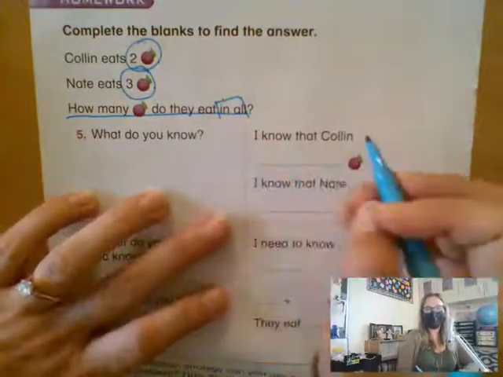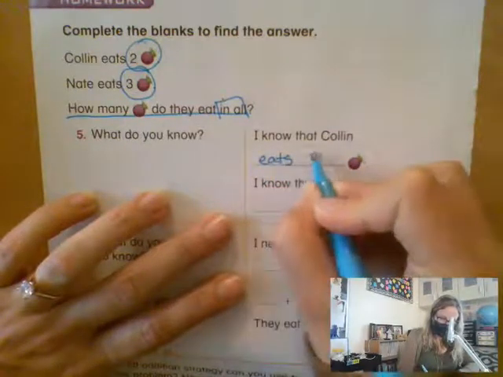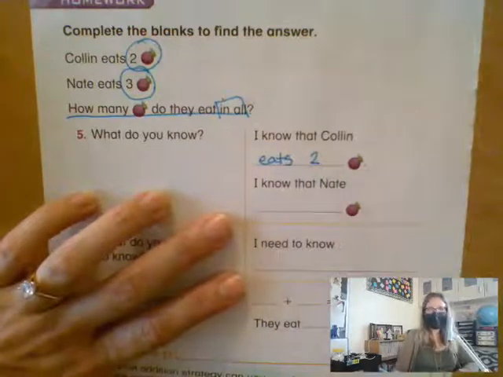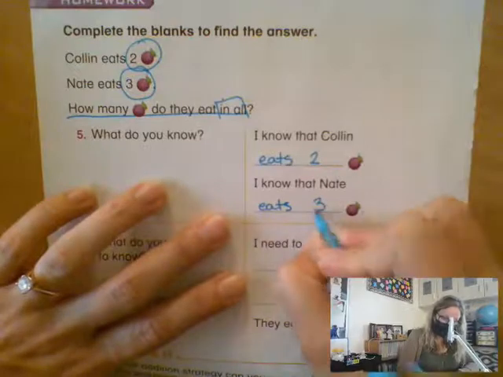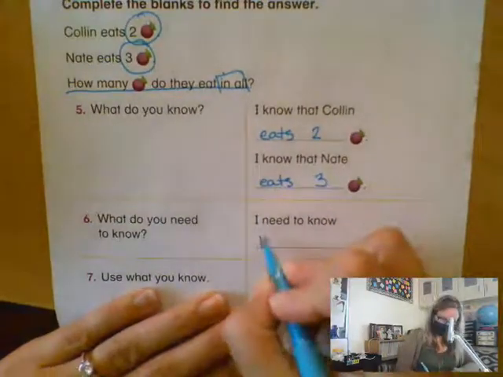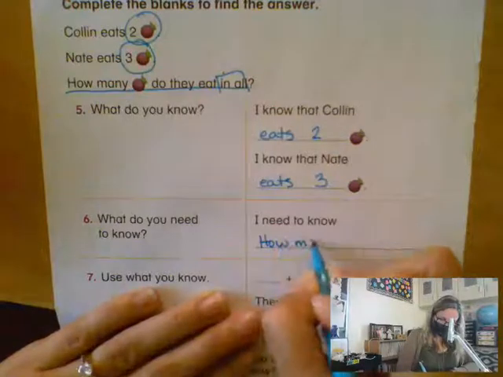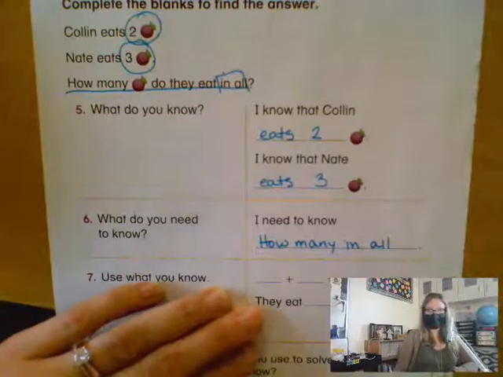We know it's addition. What do we know? We know that Colin eats 2 plums. I know that Nate eats 3 plums. What do we need to know? How many in all?